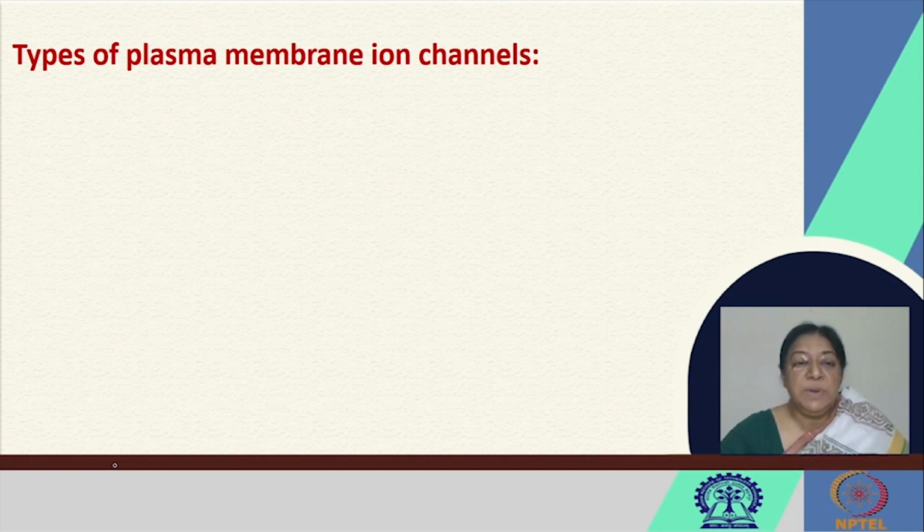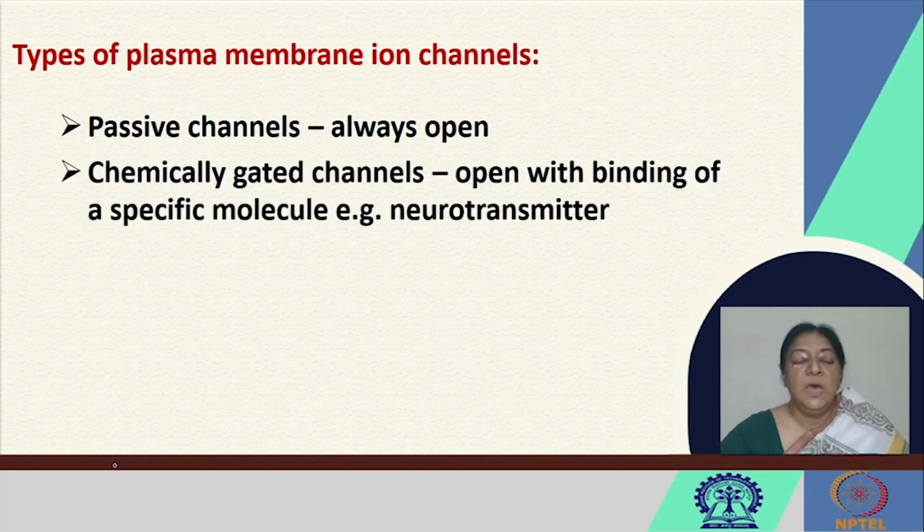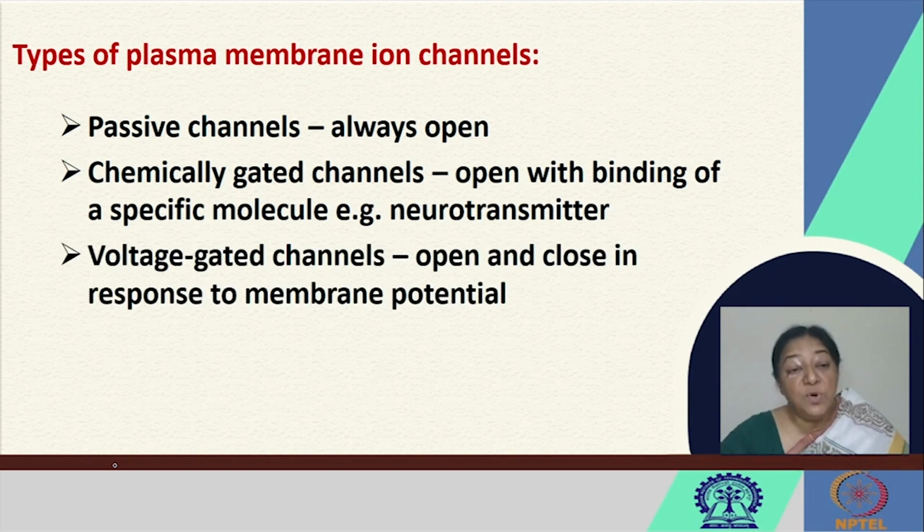The types of plasma membrane ion channels that are possible begin with passive channels. These are always open, allowing diffusion of smaller molecules. There can be chemically gated channels which open with the binding of a specific molecule, for example, a neurotransmitter. There can be voltage gated channels that open and close in response to membrane potential.